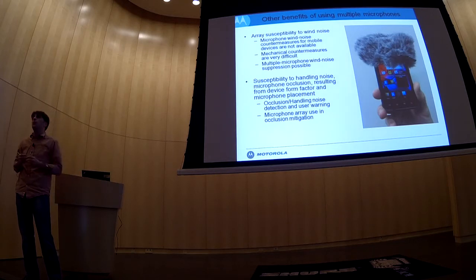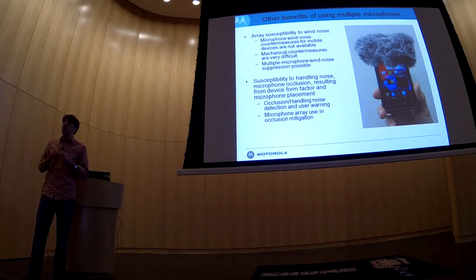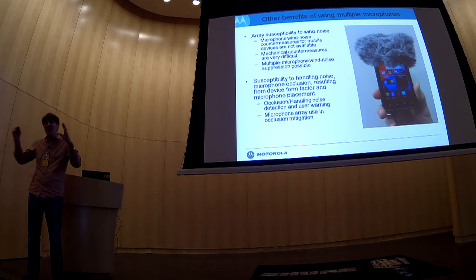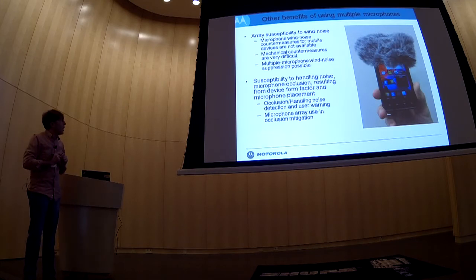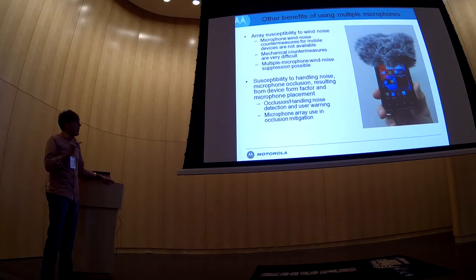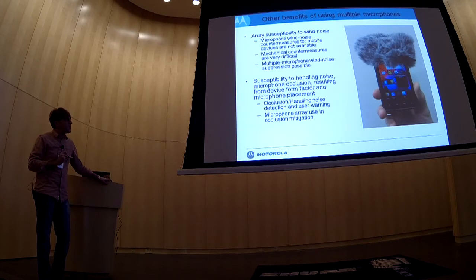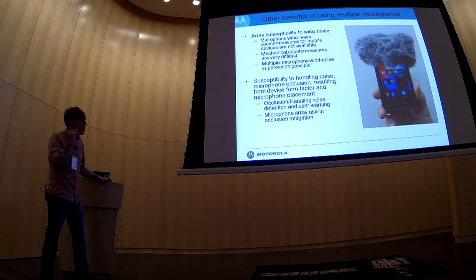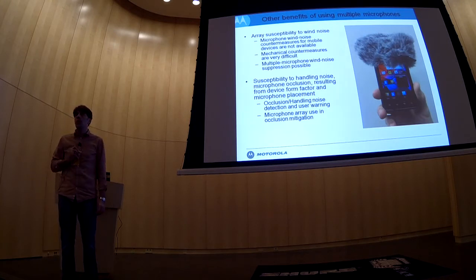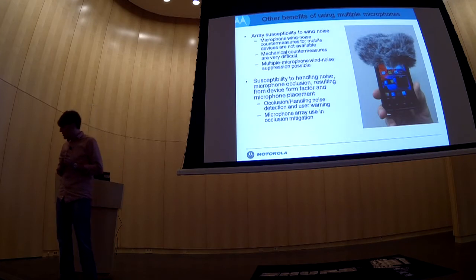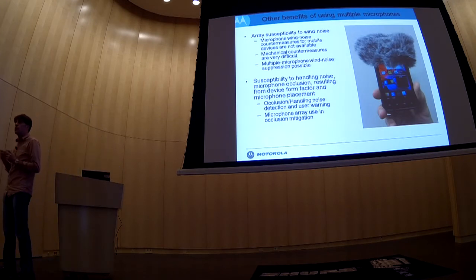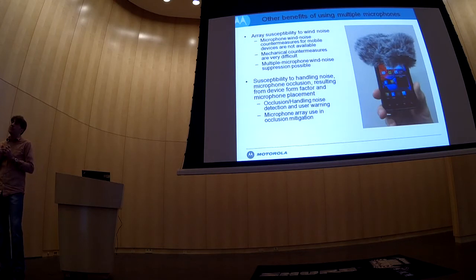It's just going to be of rather poorer quality. It will be slightly colored, but it will be there. That being said, algorithms exist, and it's a fruitful development topic, to detect that occlusion occurred and to warn the user. And one would ask, why not just do something about it? And the answer to that is, if you have a smartphone, it should at least appear to be smart.